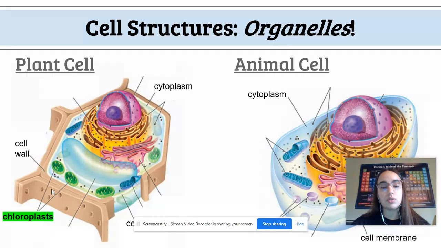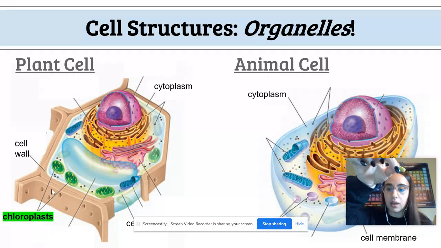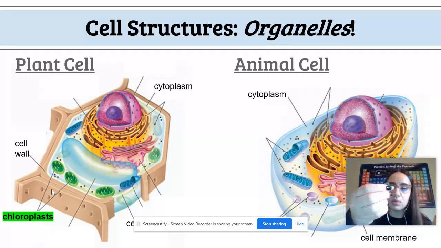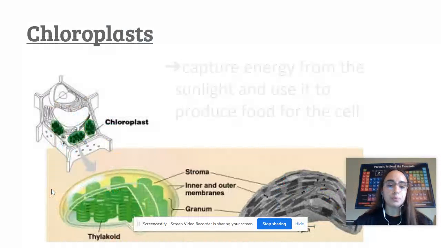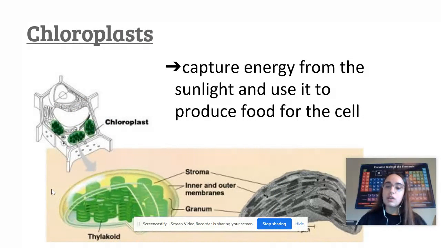Human beings do not have chloroplasts because we do not take in the sun for energy. Chloroplasts are what give most plants a green look. This one's dying, so it's kind of yellow. They capture the energy from sunlight and use it to produce food for the cell.